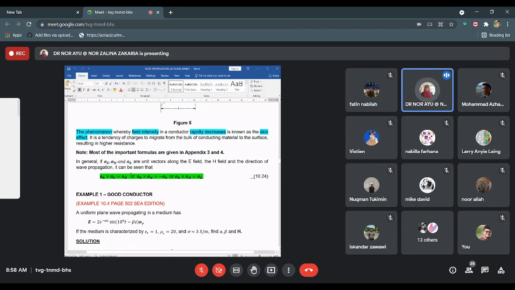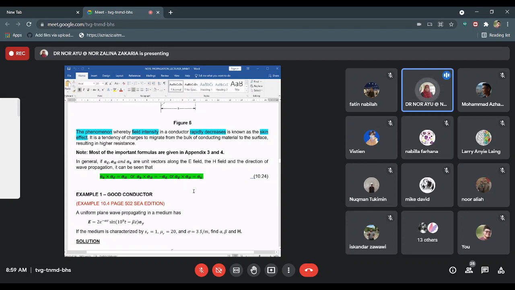But in wave propagation, normally we use the Cartesian coordinate where we have X, Y, and Z. I hope that you still remember how the cross product works. When x cross with y, you will have z direction. When y cross with z, you have ax direction, and when z cross with x, you have ay direction.